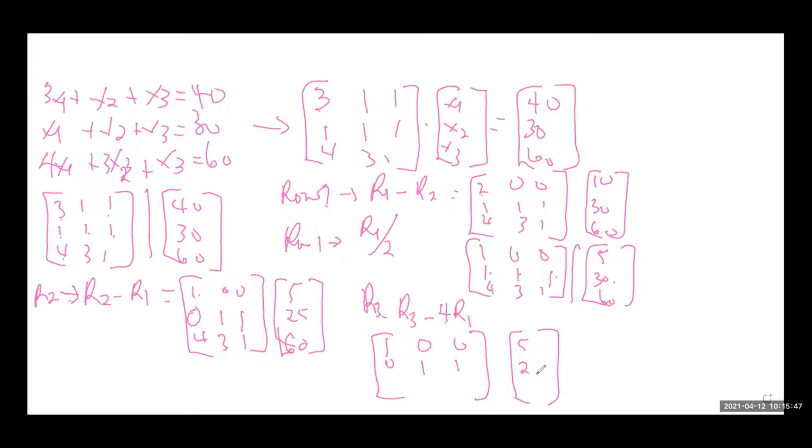Let me copy that one. 4 times 1 is 4, then 4 minus 4 is 0. 4 times 0 is 0, 3 minus 0 is 3. 4 times 0 here again is 0. 1 minus 0 is 1. 4 times 5 should give you 20. 60 minus 20 should give you 40. So yes, that operation is also agreed on.